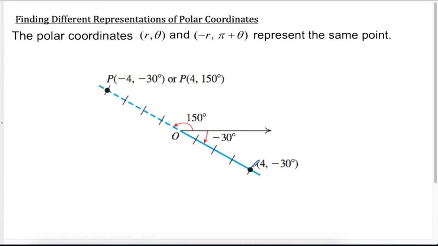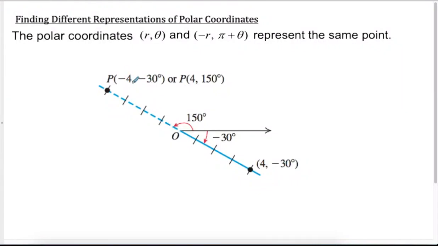If I change the sign on r, that just tells me to go in the complete opposite direction. So the point (-4, -30 degrees) would actually be up here. In other words, I just went 180 degrees in this direction. A negative r just means go in the opposite direction.